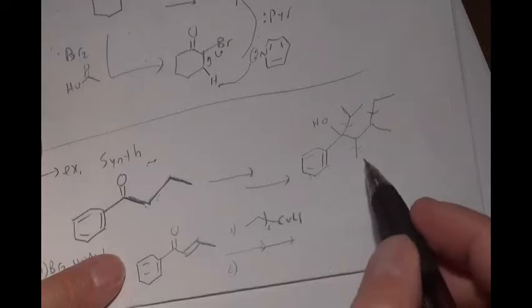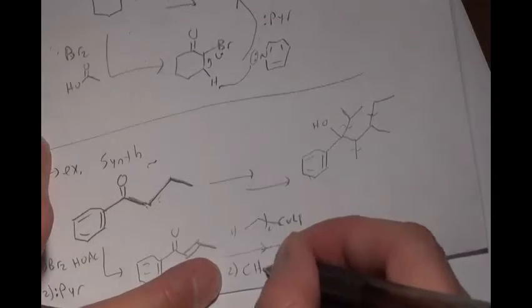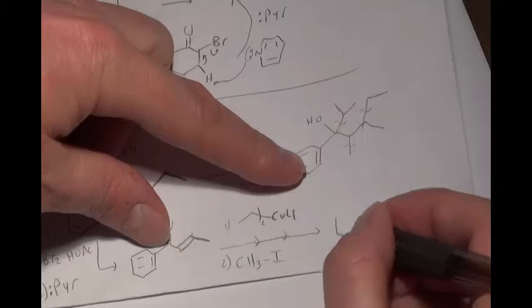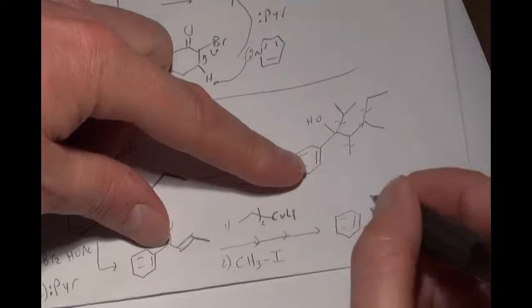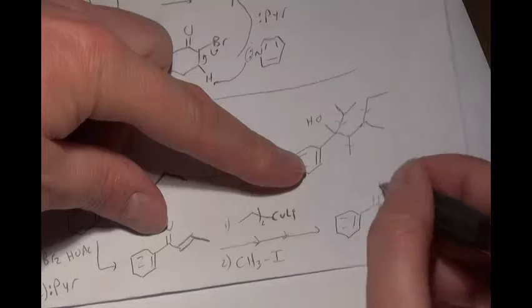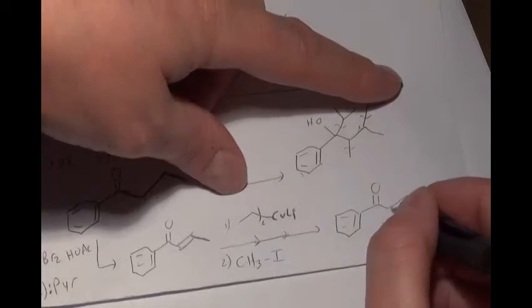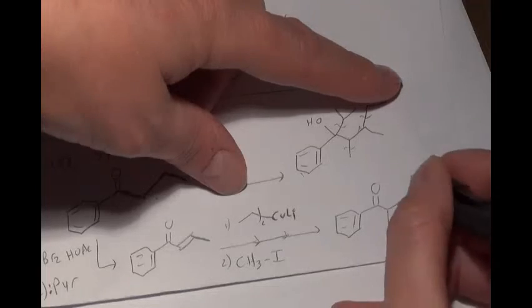And what are we going to attach? That'll be the alpha thing, methyl. So maybe methyl iodide, CH3I. Cool. Okay, what does that give us? Methyl and ethyl.